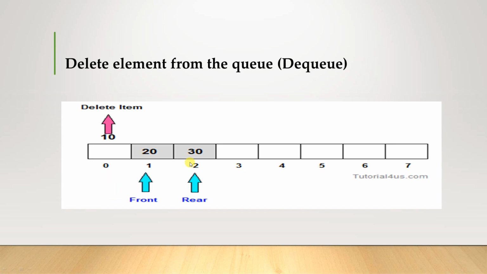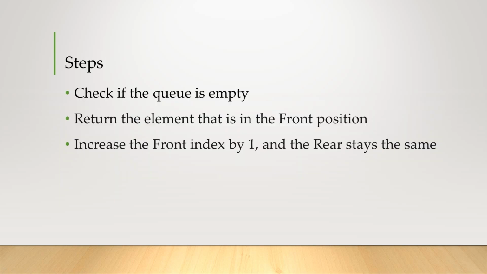Let us see the steps that you have to follow to perform the deletion operation. First, check whether our queue is empty. We have to check the front and rear pointers. As I already said, if it is empty, the front and rear pointers are always at index -1.